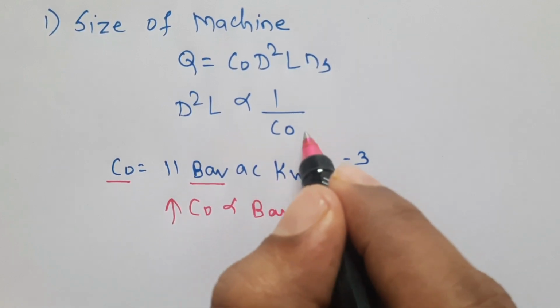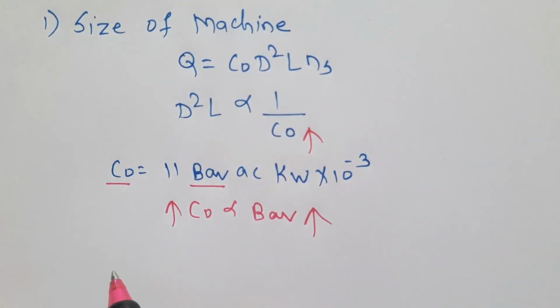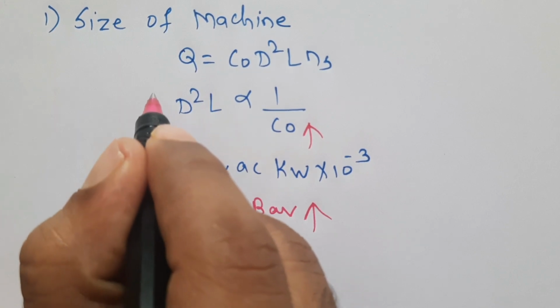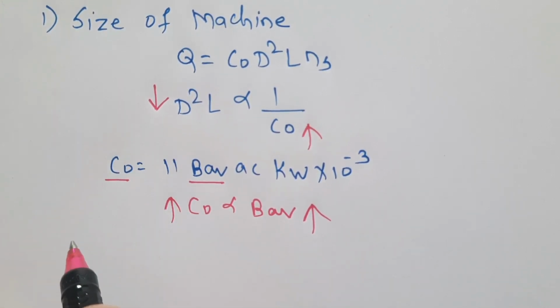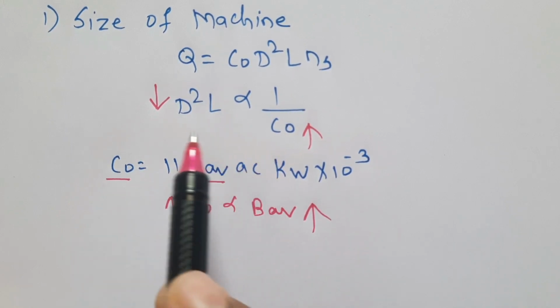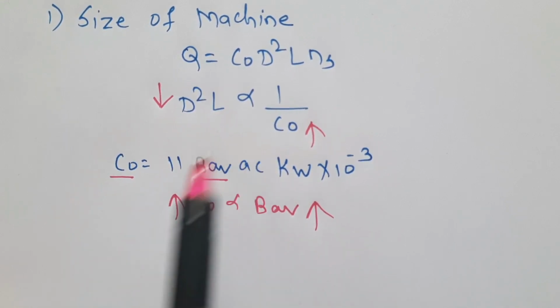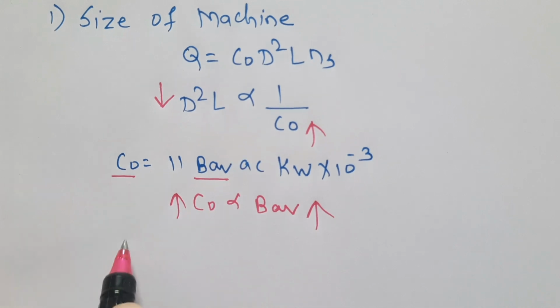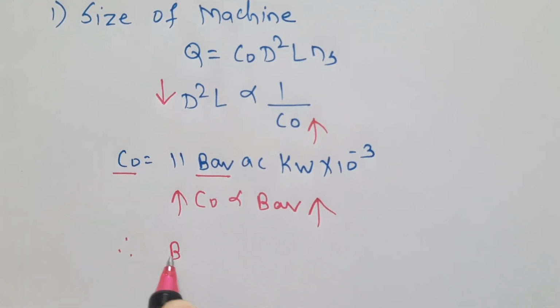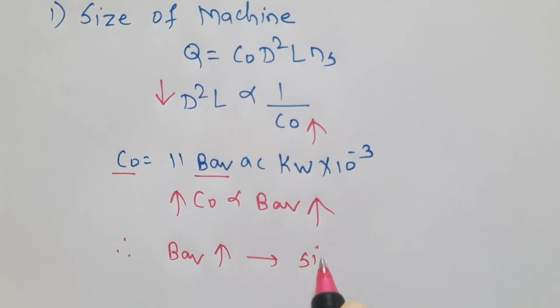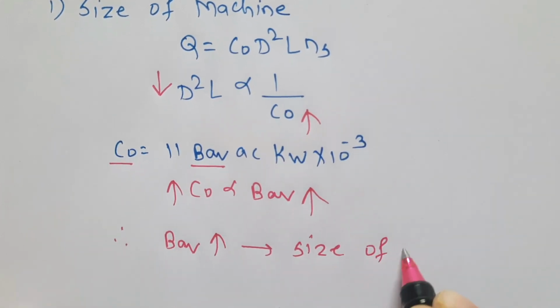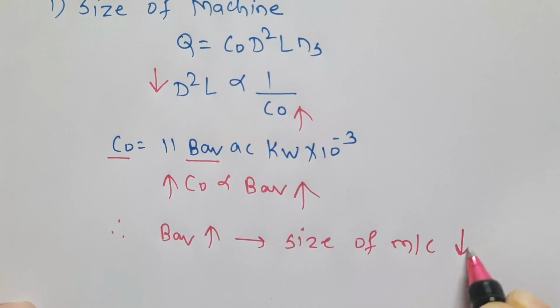Since C0 increases, D square L, that is size of machine or volume of active parts, decreases. Therefore, as the value of BAV increases, size of machine decreases.